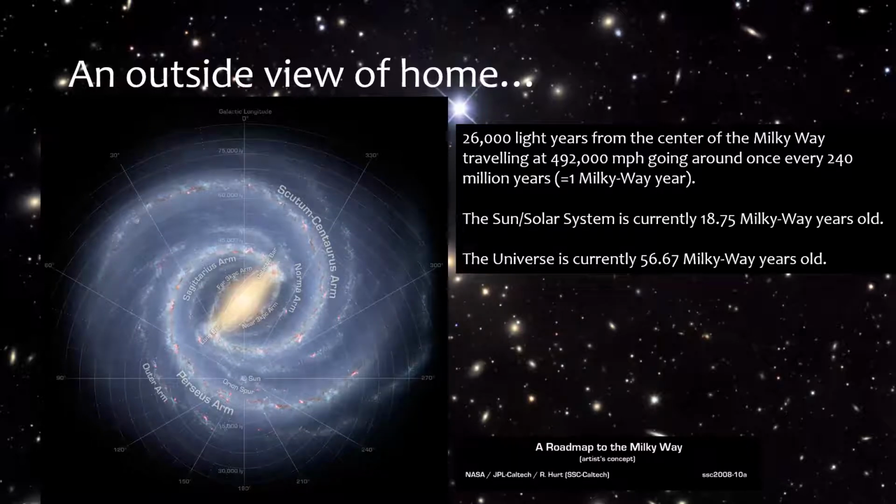Before we begin our first story, there are a couple things I want to tell you. The first is to provide a reasonable context for putting together our timeline of events. This is the galaxy in which we live, the Milky Way, and our best reproduction of its shape. It is a spiral galaxy with two major arms, the Perseus arm and the Scutum Centaurus arm, a few more minor arms, and a bar across the center.